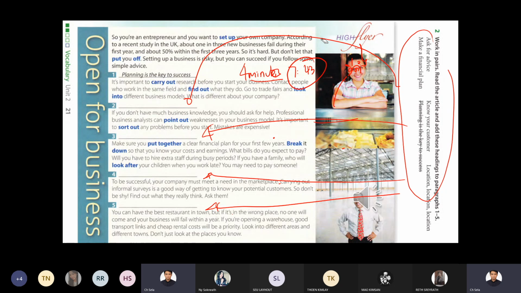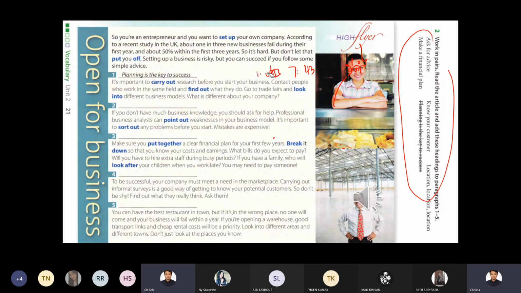Okay, so now time is up. Let's check the answers together. Can anyone complete the heading for number two? Make a financial plan. How about number three?